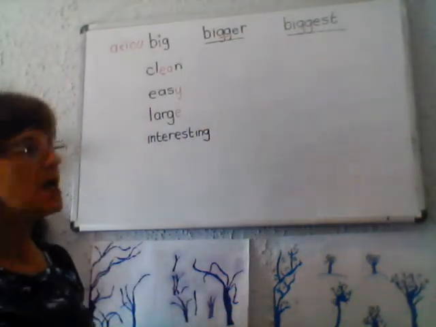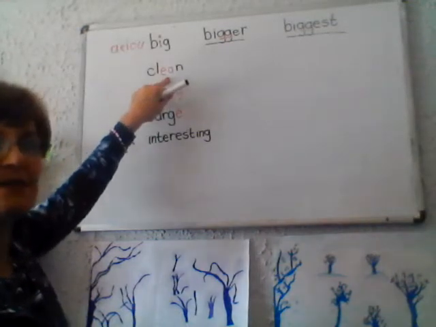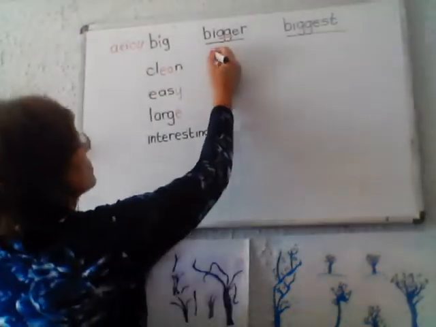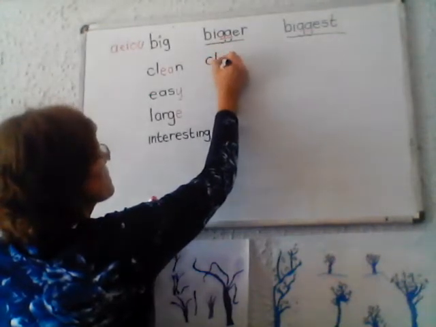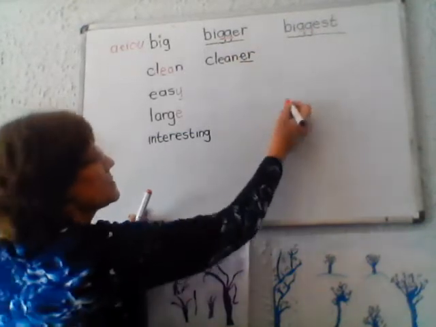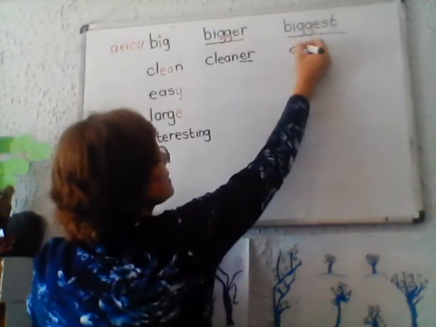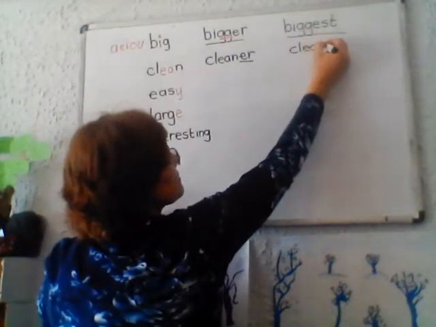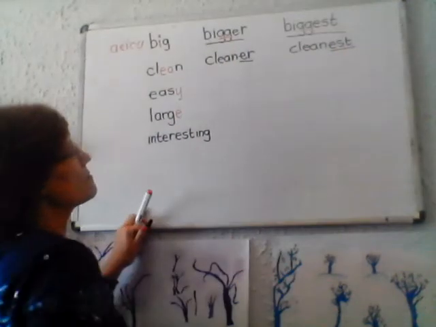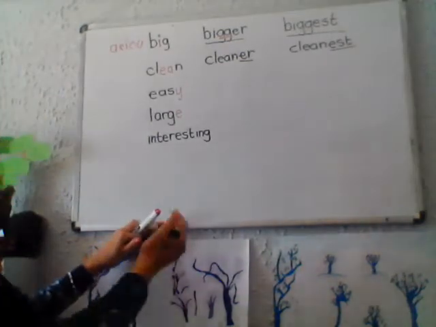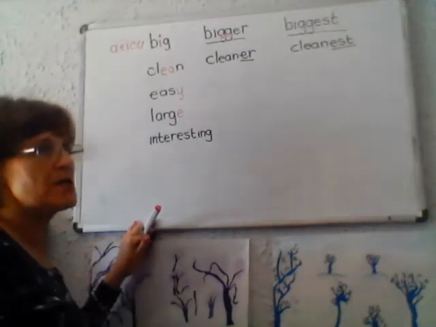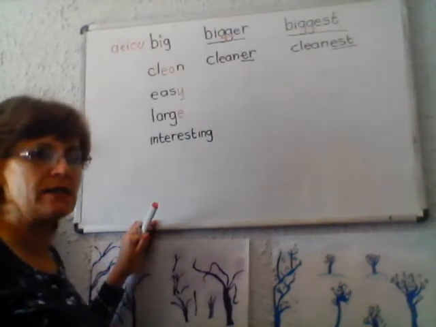When a word has a double vowel like EA, you just add an ER. So clean will be cleaner, and the superlative will be cleanest, EST. Easy: words that end on a Y, the Y changes into an IE.